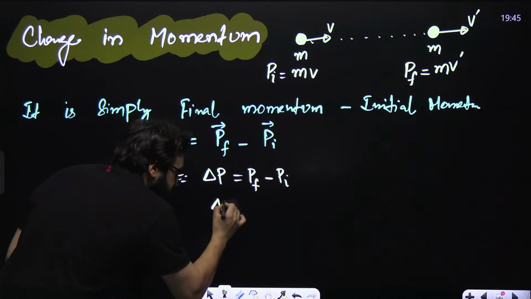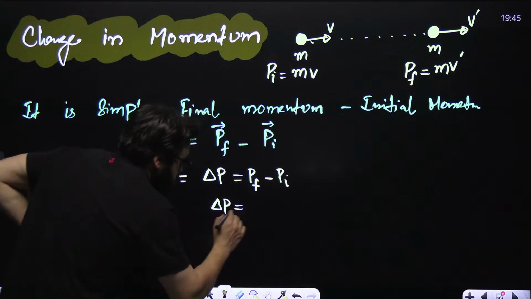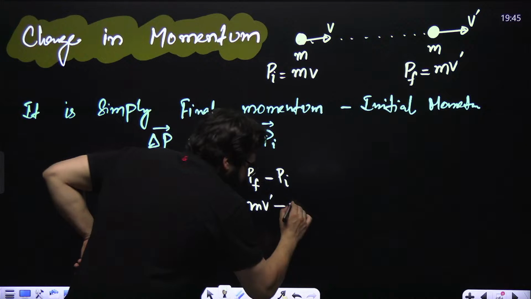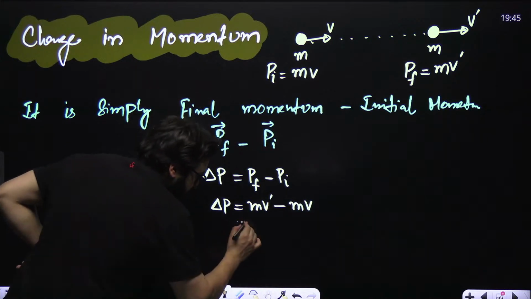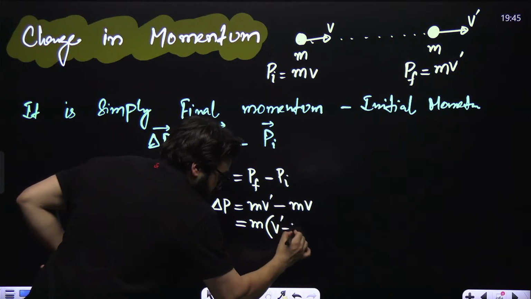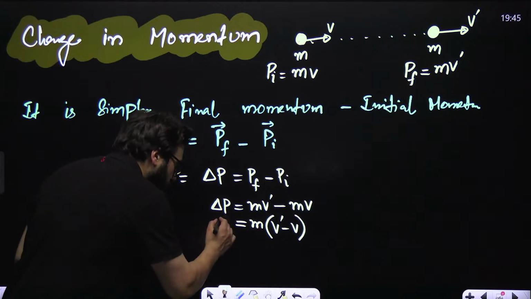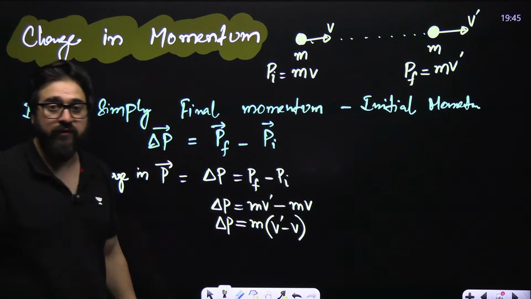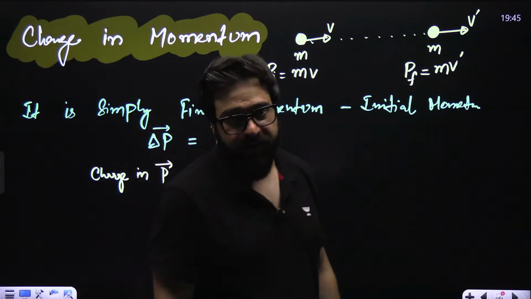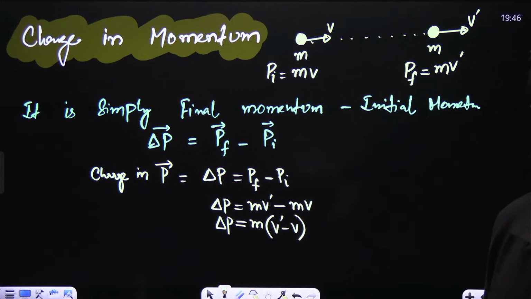Can I write over here delta P is, what is final momentum? mv dash. So I'll write mv dash minus, what is initial momentum? That is, sir, mv. So you can write, take mass common, and it is m times v dash minus v. So this is what we call the change in momentum. Final momentum minus initial momentum will be exactly the change.